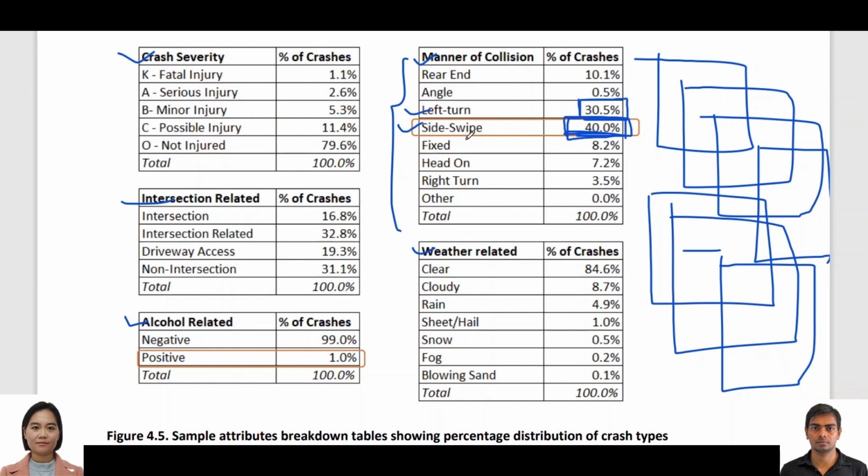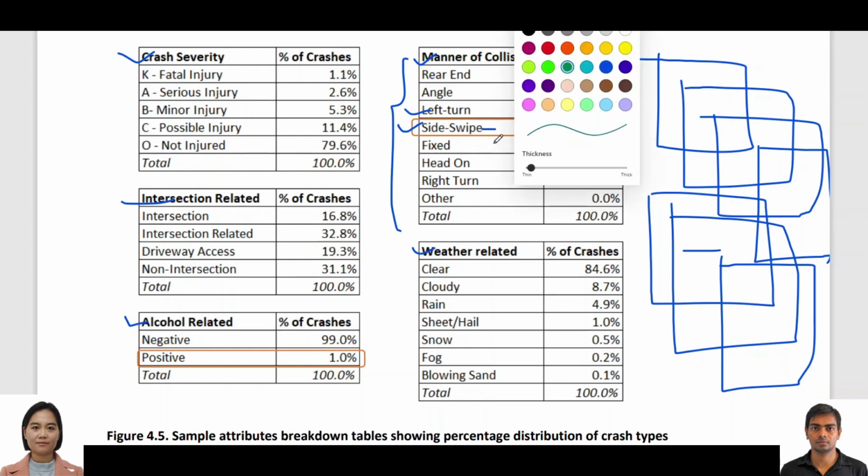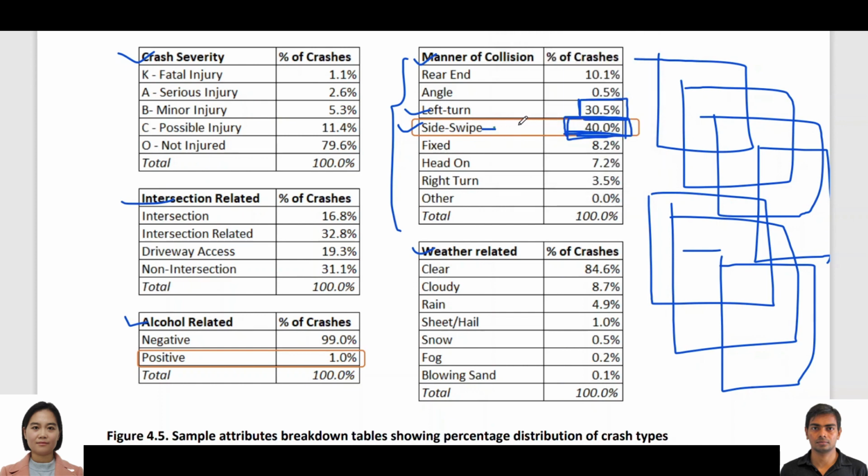However, the percentage distribution does not tell us whether this 40% was expected or not. It may happen that for a similar facility, the sideswipe crashes are typically 60% and left turn crashes are, let's say, 10%.